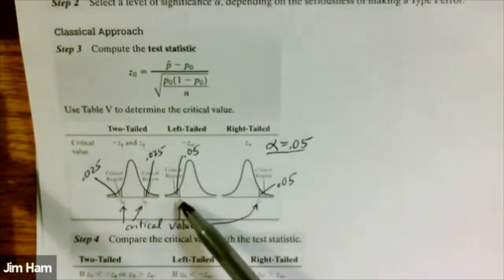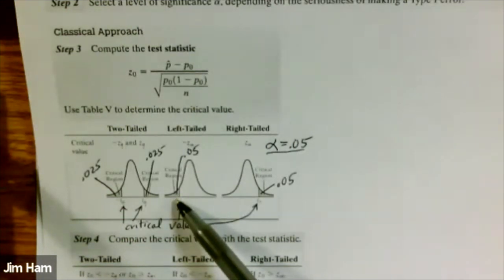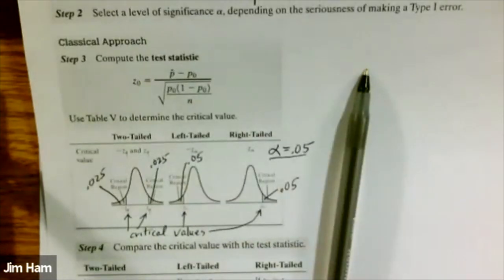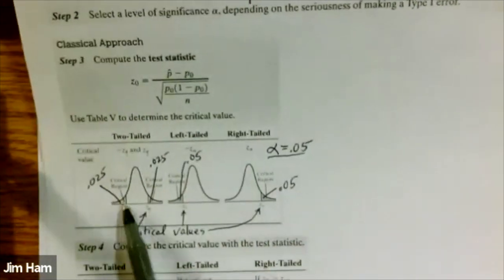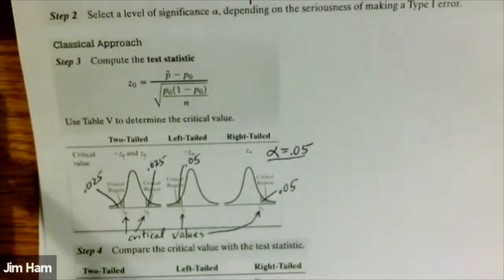In a one-tailed left test, the most extreme 5% of the samples would fall to the left. But in a two-tailed test, since we are going to allow the sample mean to be on the left or the right, we divide that 5% up into half. And then the percentages that we have for the area in the tail will help us identify the critical value.